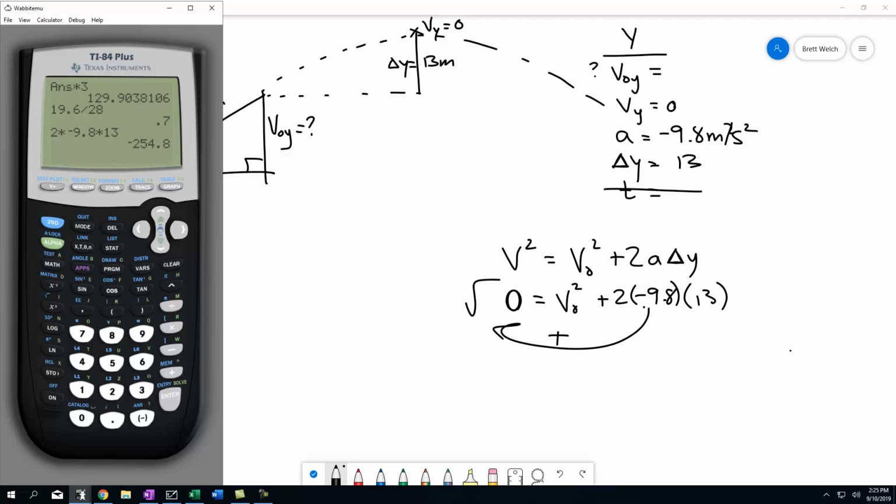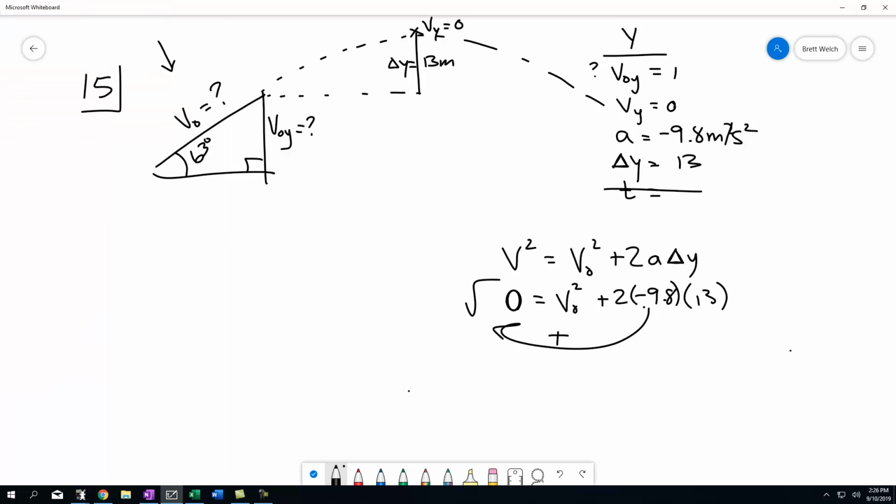I'm going to take the square root of the negative of that number, and the calculator is going to spit out 15.96. I'm going to keep a couple of extra digits just because I know I'm already rounding, and I don't like to round too early. But v naught in the y direction is 15.96, and then whatever else is there.